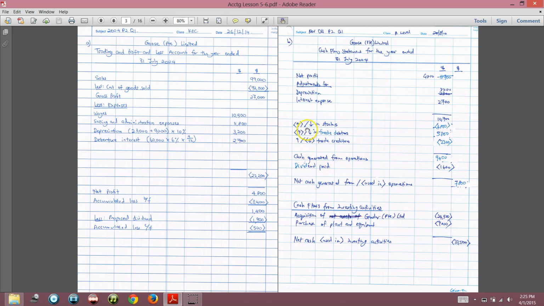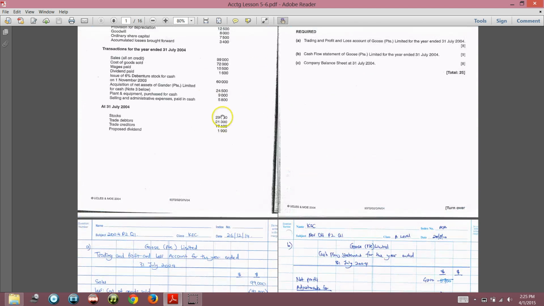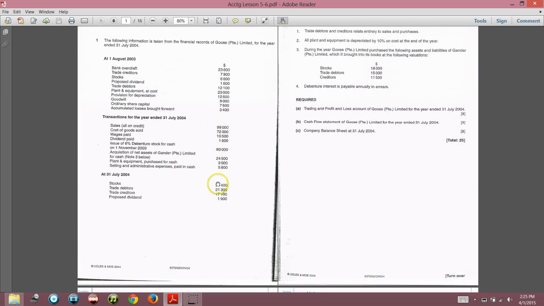So that means the increase or decrease in stock should be, you see, this one we have already assumed is inclusive of this 18,000. So now you use your calculator. Now if we exclude, you take your calculator, 29,400 minus 18,000. That will be 11,400.